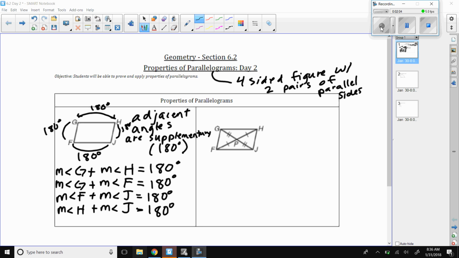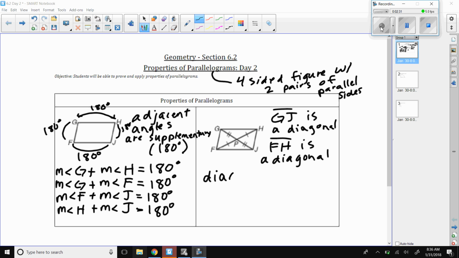The other one is that we have these diagonals, and we've been talking about diagonals. So in this case, GJ is a diagonal, and FH or HF is a diagonal. And a property that parallelograms have is that these diagonals are going to bisect each other.